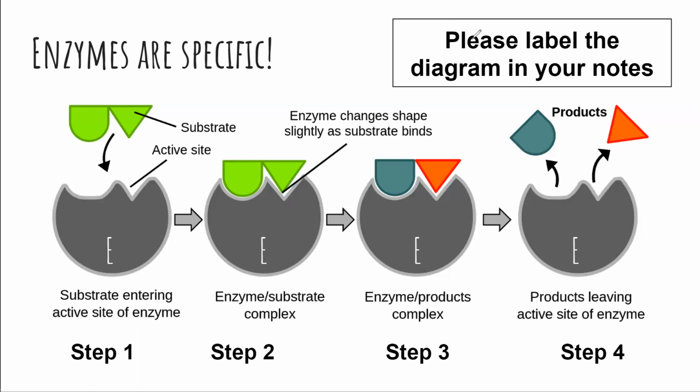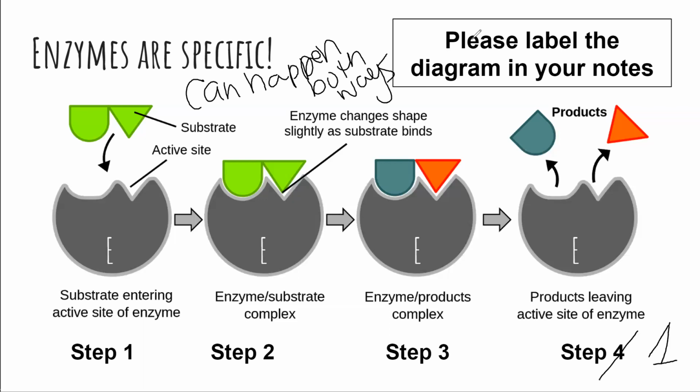Okay? Please note, this reaction can happen both ways. Meaning, we can begin, and this is step 1. And this is step 2. And this is step 3. And this is step 4.